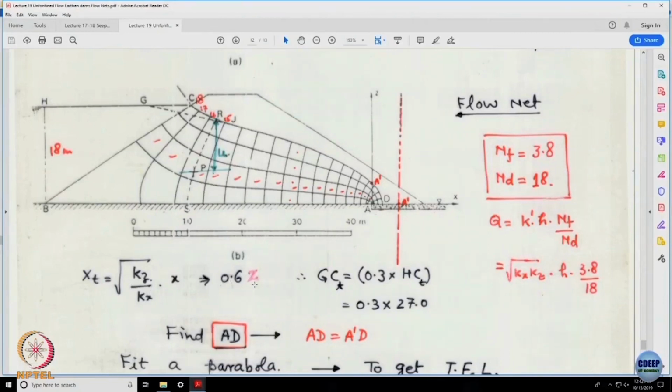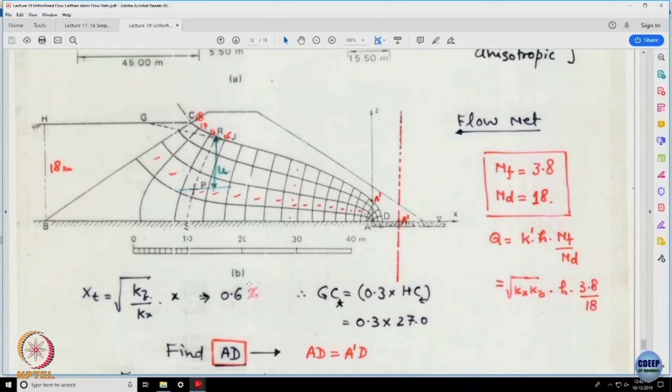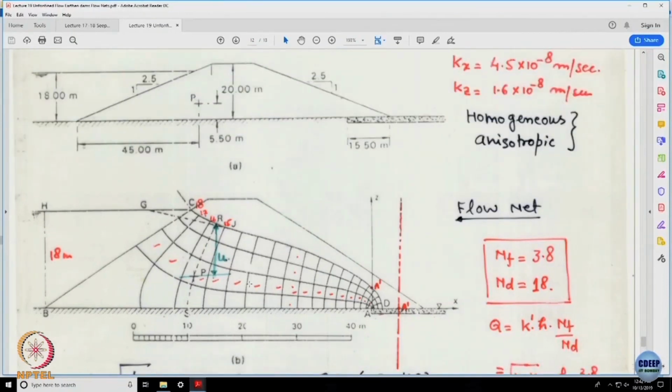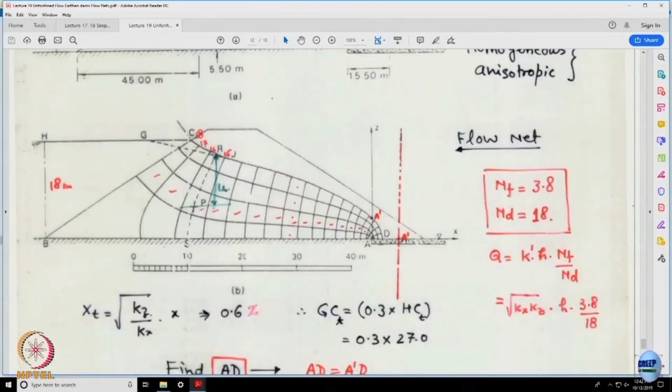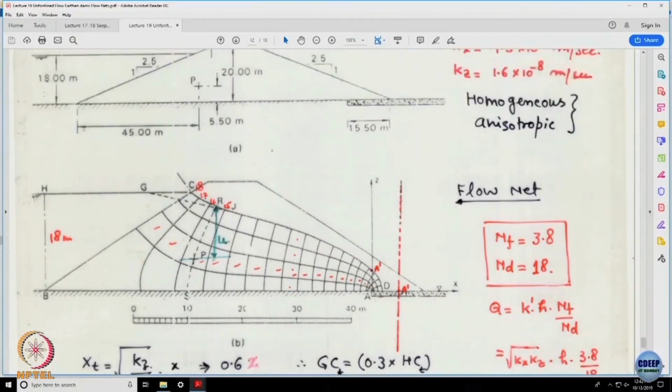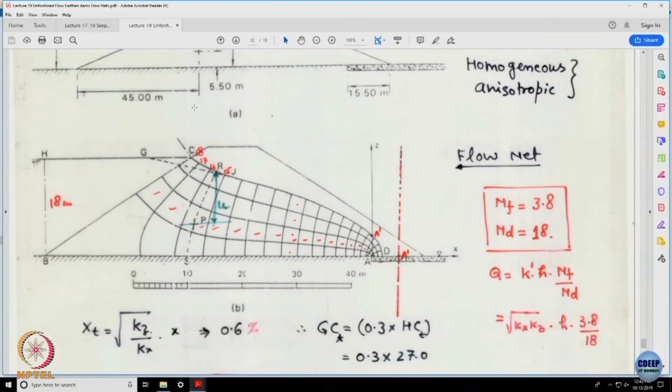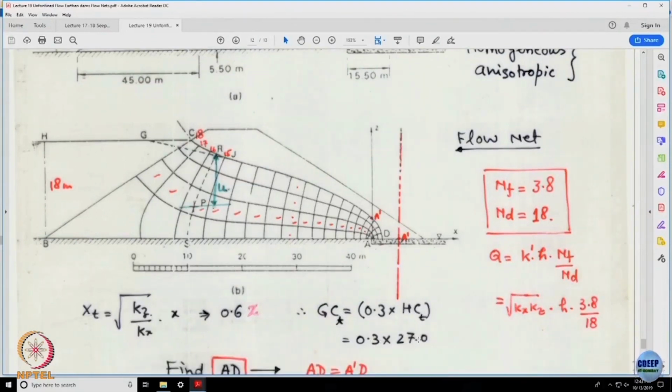All the dimensions in the x direction will get reduced, and hence you are seeing that the embankment has become steep. GCT is nothing but 0.3 times HCT. If height is 18, this is 45. 45 into 0.6 would be 27. Apply the correction again, 0.3. So, this becomes 0.3 times 27.